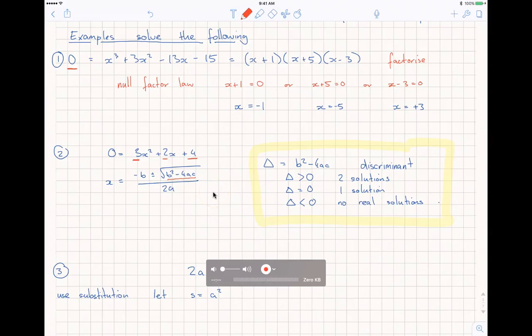So let's just work out what the discriminant is before we proceed with the question. The discriminant is b squared minus 4ac.